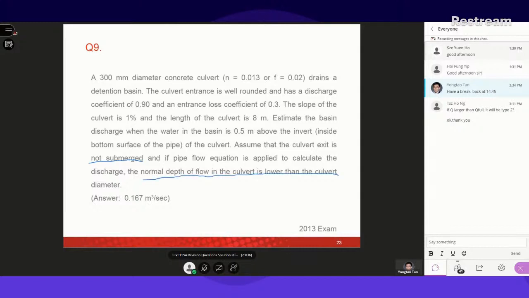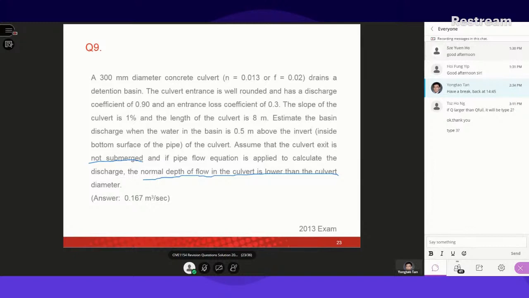So which type? Anyone know that for this question? Anyone knows? Yes, correct. You can see that the exit is not submerged, so it is not type 1. It could be type 2 or type 3.